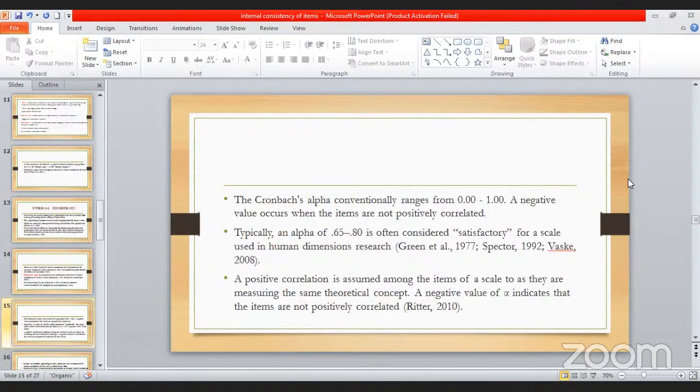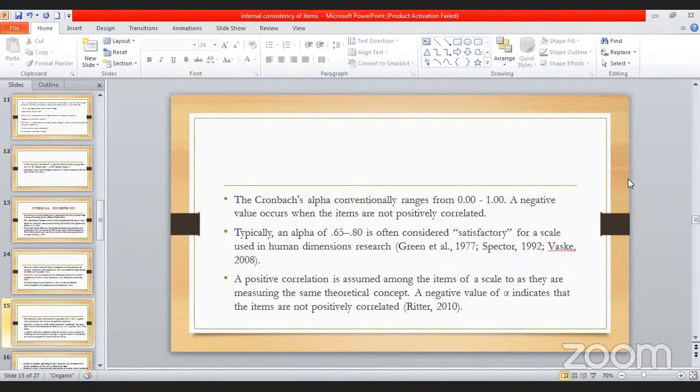Next. Cronbach's alpha value ranges from 0 to 1, and there is a chance of a negative value. A negative value occurs when the items are not at all positively correlated. In typical cases, an alpha value of 0.65 to 0.80 is considered satisfactory for a scale.